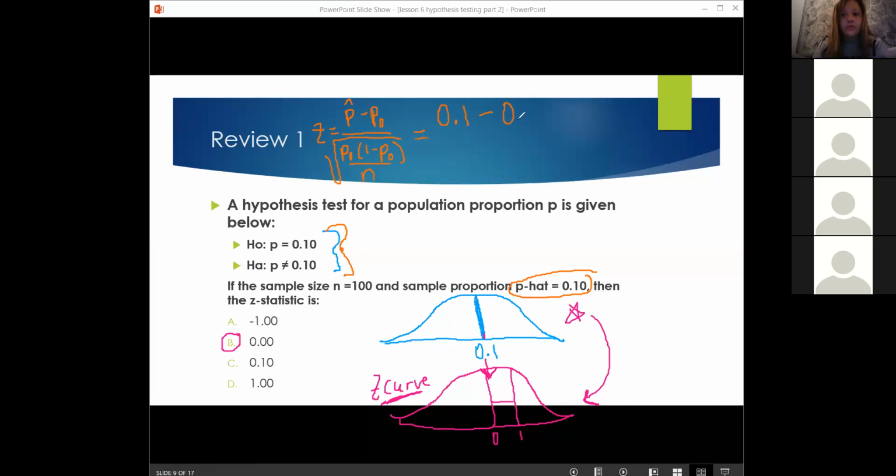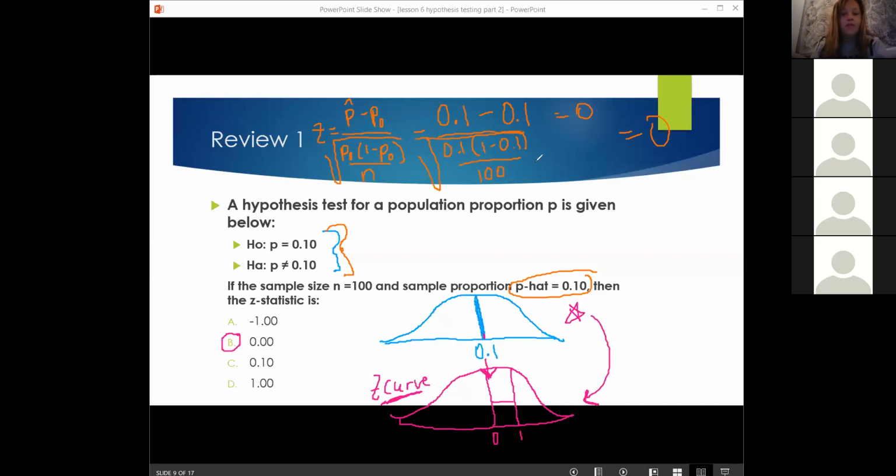So that's also 0.1. In this case, you really could just stop here and realize that this is going to equal 0, and 0 divided by anything is 0. So your z is automatically going to be 0. But you could plug in everything down here: 0.1 times 1 minus 0.1, divided by n, which is 100.